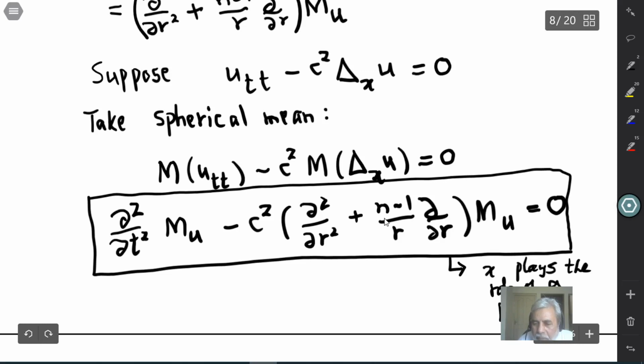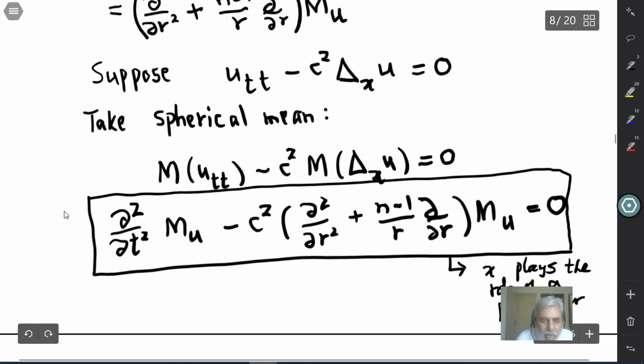So the spherical mean function now satisfies again a second order equation, but in only two variables. So that's what we want, because we somehow want to reduce the whole analysis again to one dimensional wave equation. So again we can apply D'Alembert's formula and other things. Okay, so that's our goal.